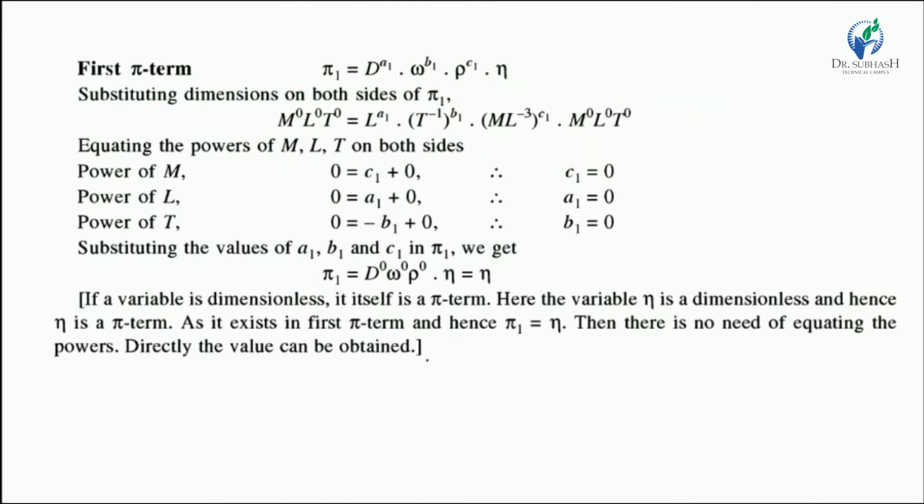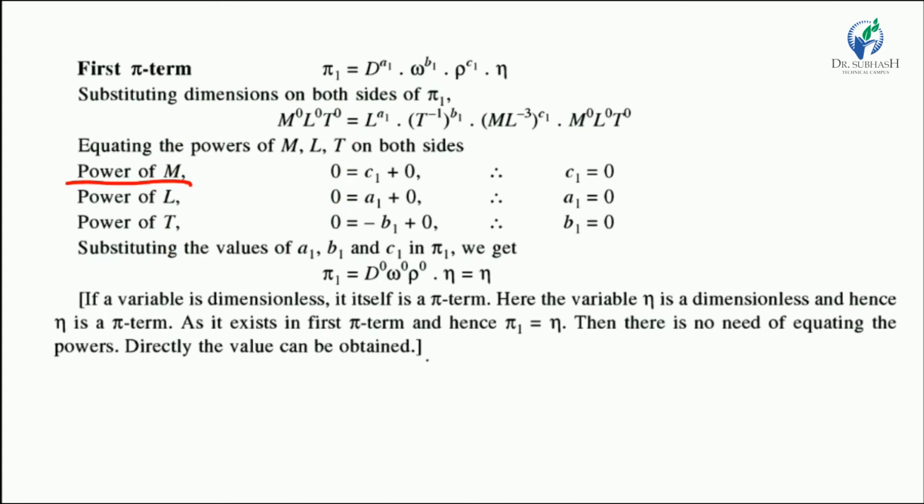Now find the value of the arbitrary powers by comparing the powers on the left and right side of MLTs. First comparing the value of M, right side and left side. Pi term is a dimensionless number, so it does not have MLTs. So all powers of M, L and T on the left side are 0.